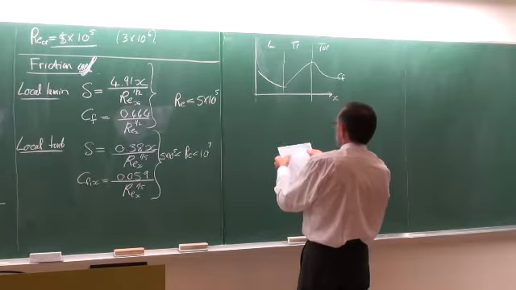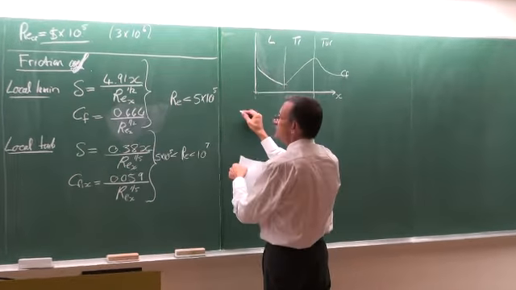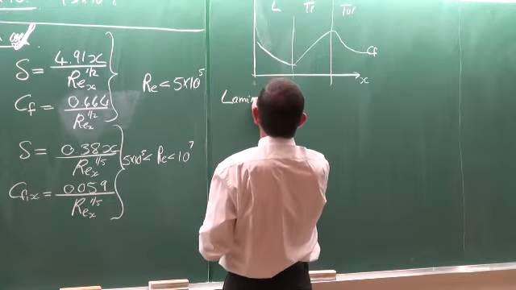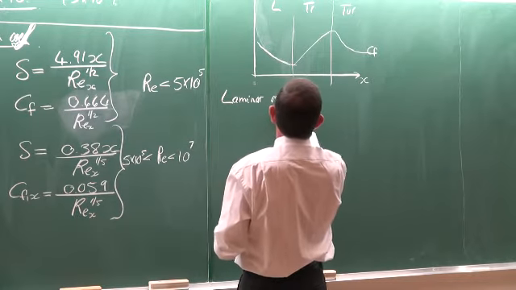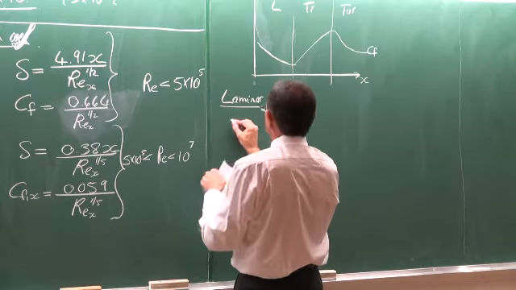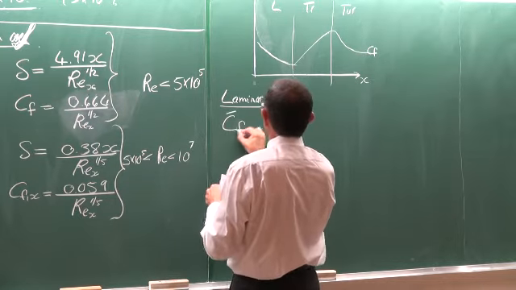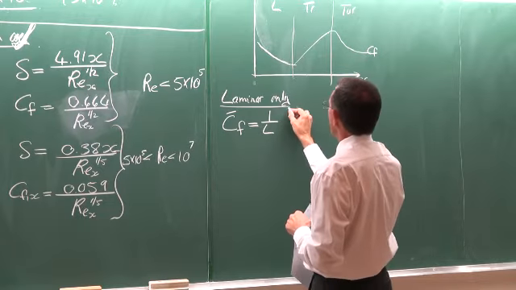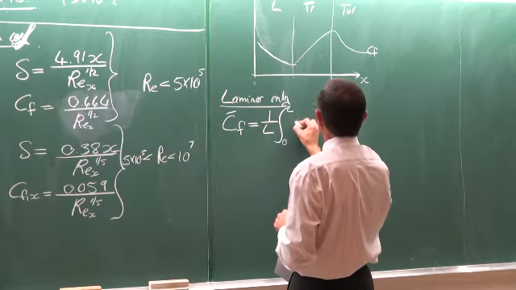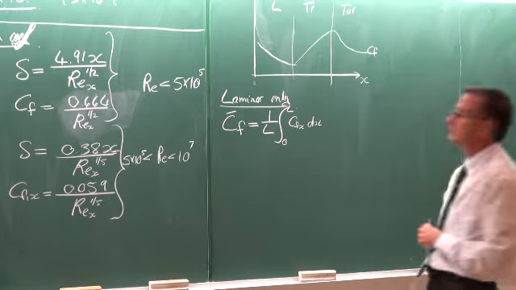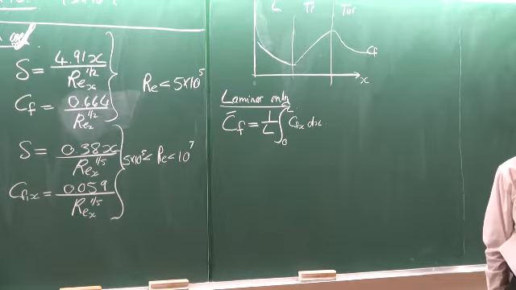So what we can do is say, well, let's look at laminar flow only. Okay. And we would say that the average CF value is equal to 1 divided by L, the integral of CFX dx.